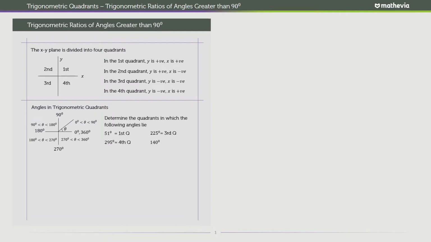And then 295 degrees is between 270 and 360, so it will be in our fourth quadrant. And then 140 degrees is between 90 and 180, so it will be in our second quadrant. Simple, okay? So we're getting there, okay?